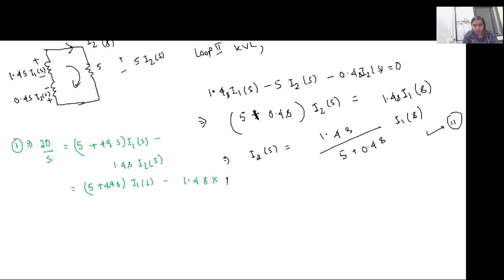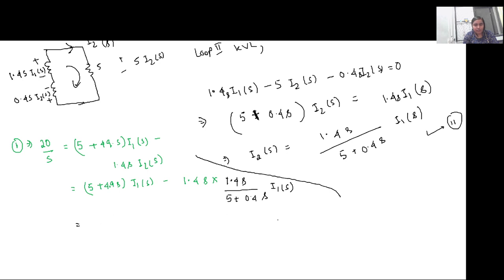So it is 1.4 s by 5 plus 0.4 s. Is this fine? This is fine, right? Yes, ma'am. So now we have to simplify the expression.